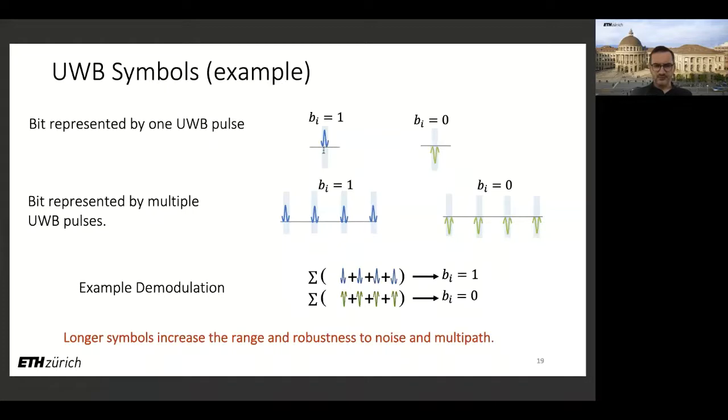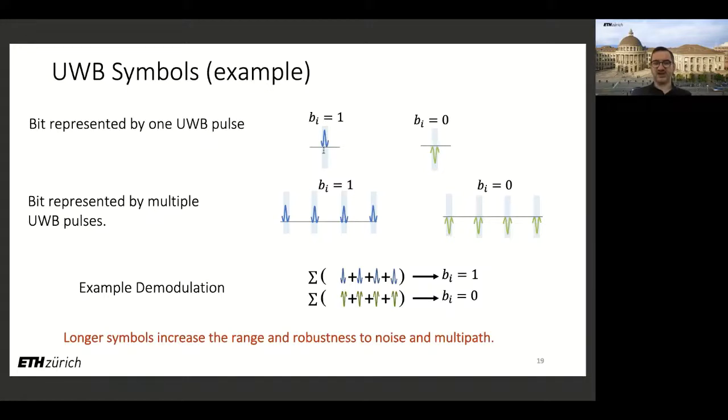So in some way, and this is of course on a very high level, the bits are being modulated across multiple pulses. So longer symbols increase the range and robustness to noise and multipath, right?